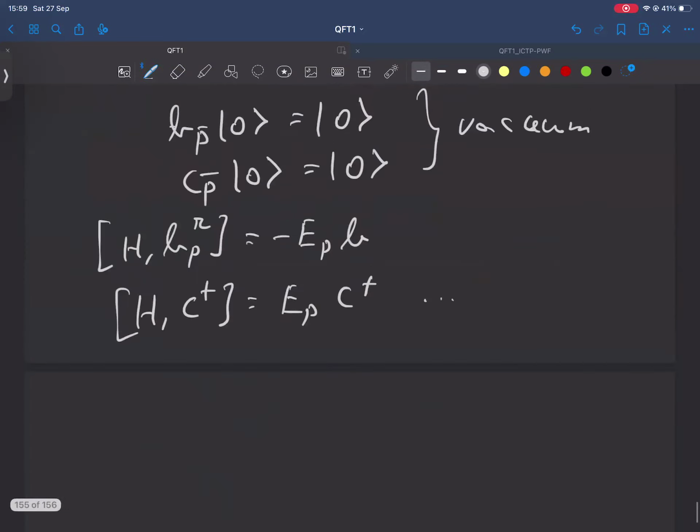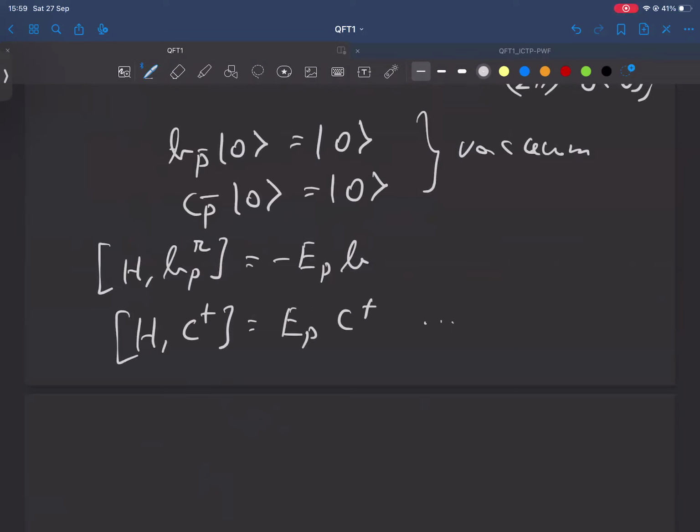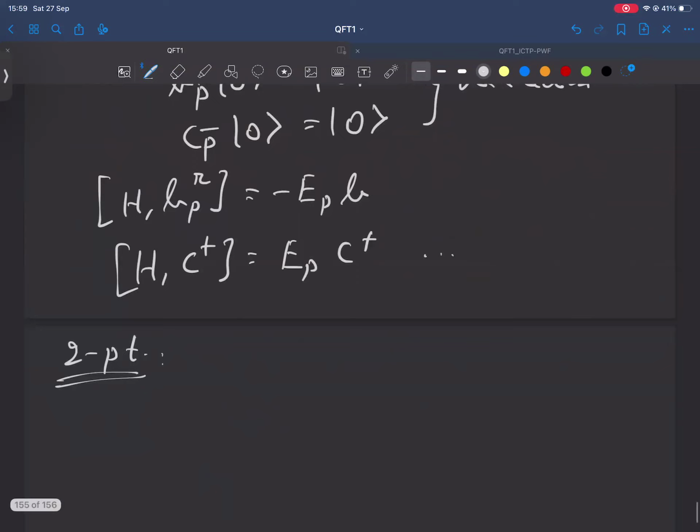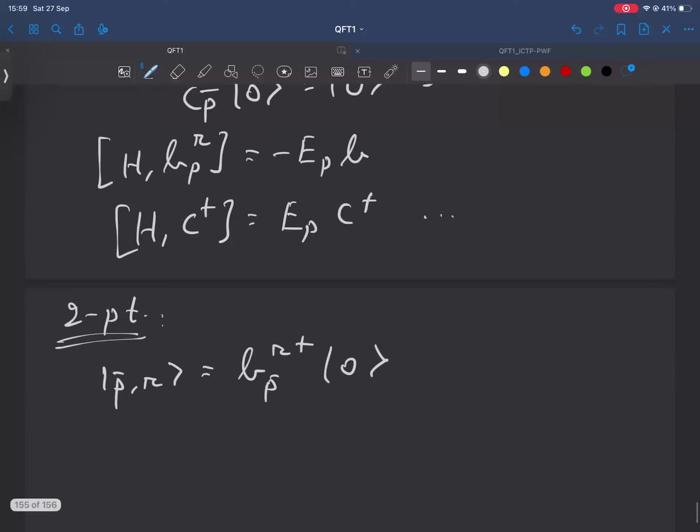And since now we have anti-commutator relations, let's look at a two-particle example, and we will derive something which you know by the name of Pauli's exclusion principle. Okay, so a one particle state is just b_{p,r} dagger on the vacuum, right? Now imagine two particles.